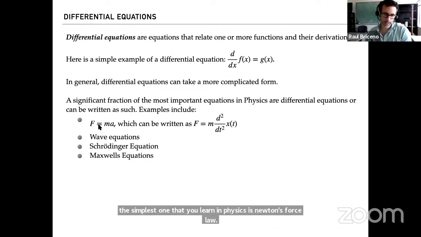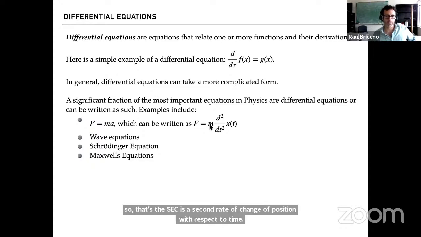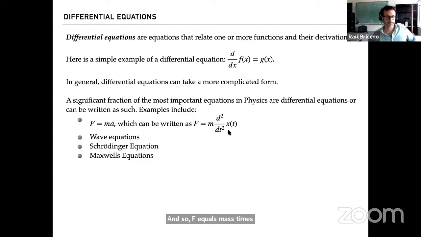F equals ma, which is the force acting on a particle is equal to its mass multiplied times the acceleration that it's experiencing. Well, the acceleration is the rate of change of the velocity. The velocity is the rate of change of the position. And so the acceleration is a second rate of change of position with respect to time. And so F equals the mass times the second derivative of x.